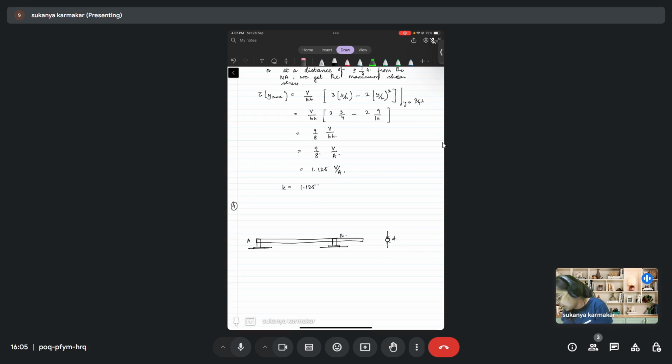You have to determine the absolute maximum bending moment along the beam and the intensity of the load is something like this: 12 kilonewton per meter.